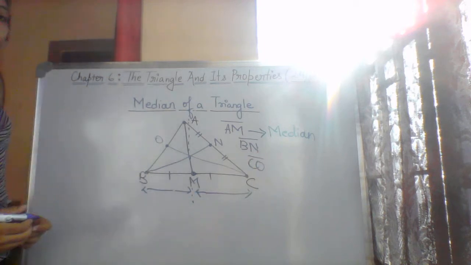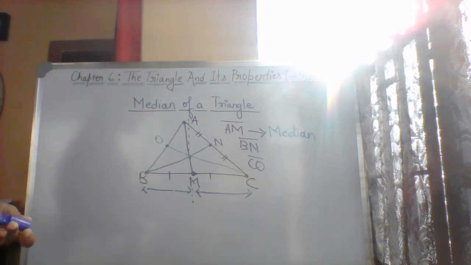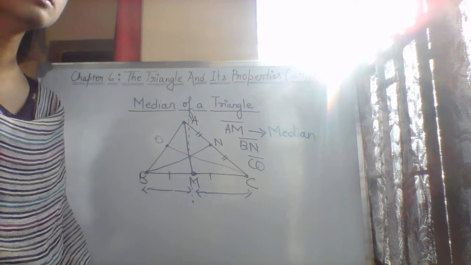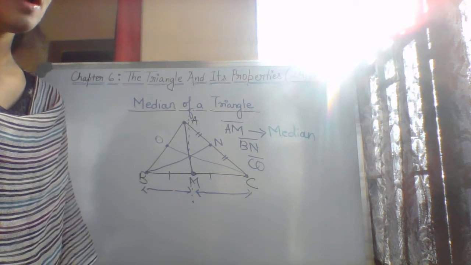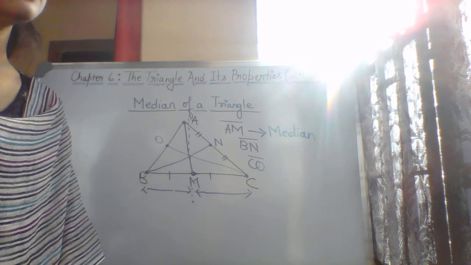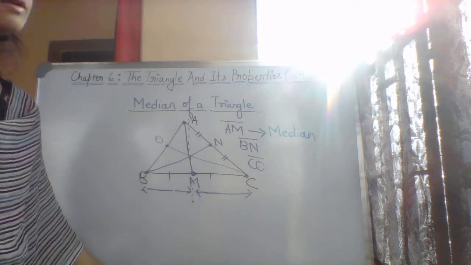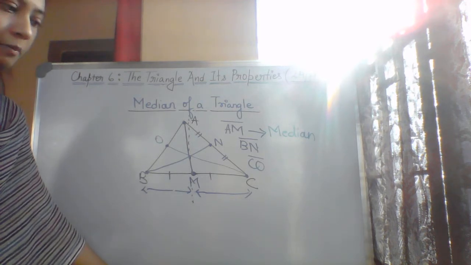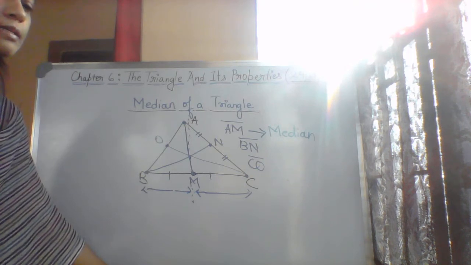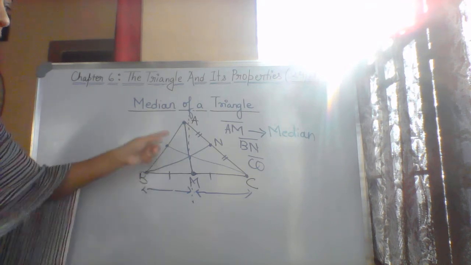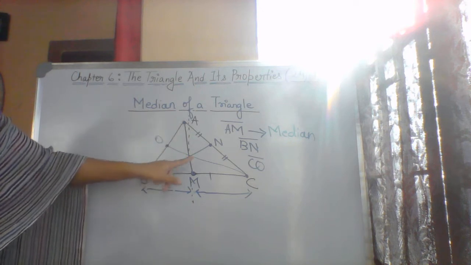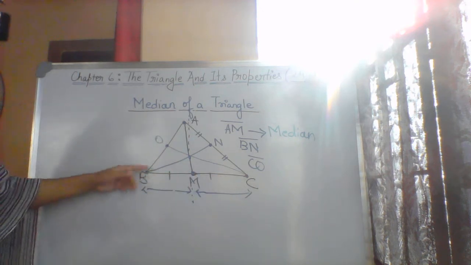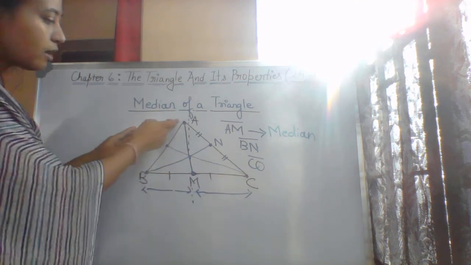So you may be asked, how many medians are possible in a triangle? Median, once again I am repeating, is a line from a vertex to the midpoint of the opposite side. What is the opposite side of that vertex?